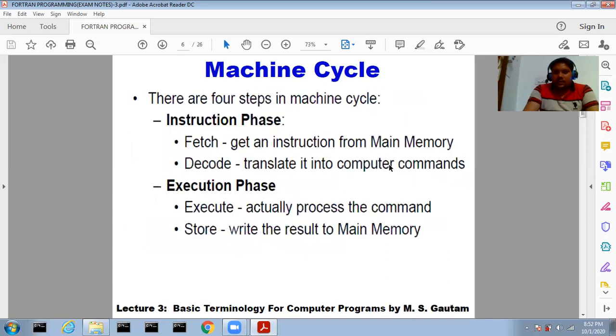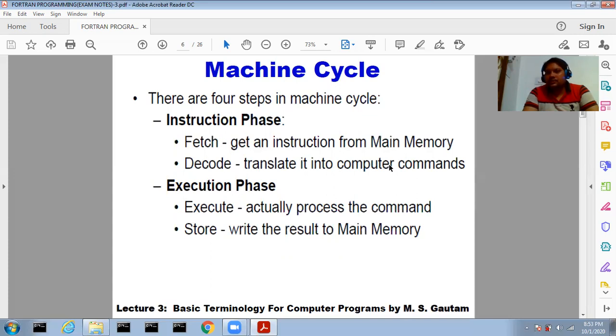We can also define this machine cycle in terms of instruction phase and execution phase. In any program or any operation, there are two phases: one is the instruction phase and another is the execution phase. As its name suggests, instruction phase means the computer receives the instructions.